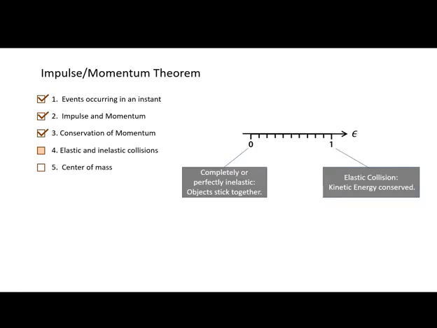Now, if the objects stick together, or they are at least moving at the same velocity, even if that velocity is 0, like the car accident case, we call that the completely or perfectly inelastic case. Right? So there's before each object is moving at a different velocity, then they collide and they're either stuck together or not stuck together but moving at the same velocity, or 0.